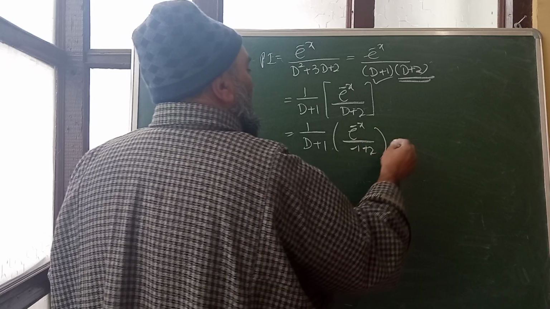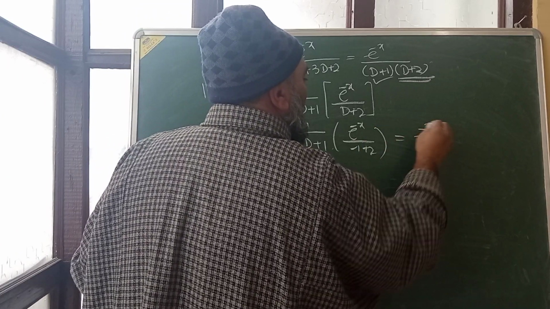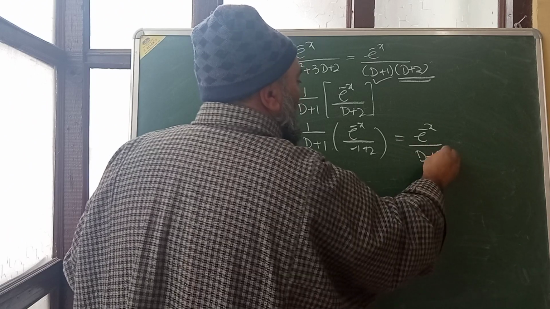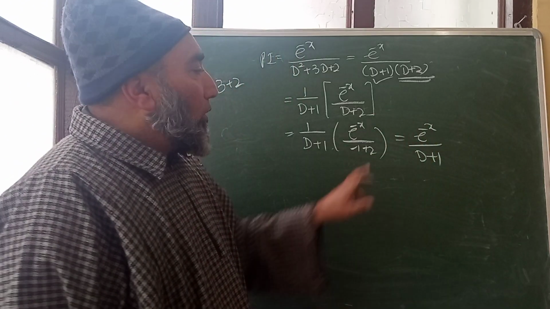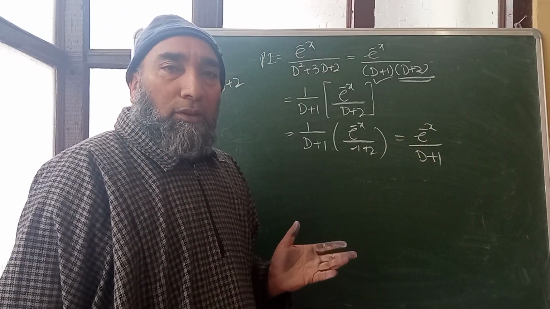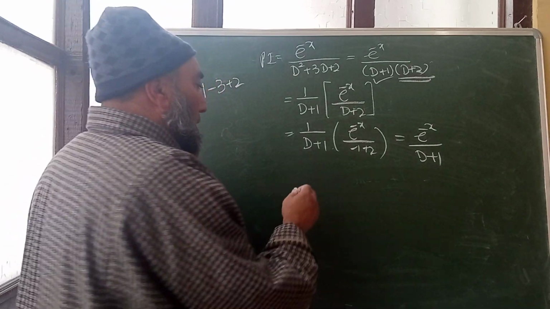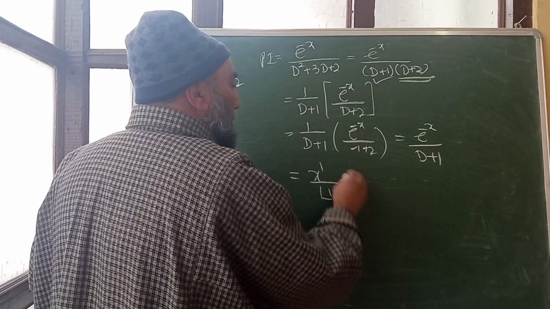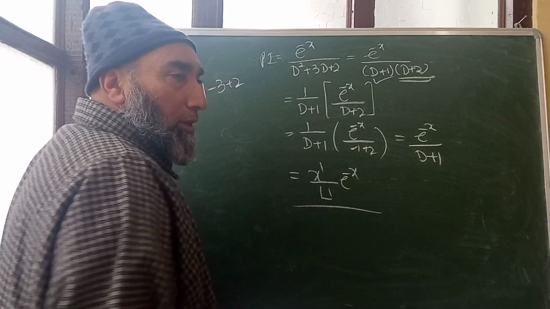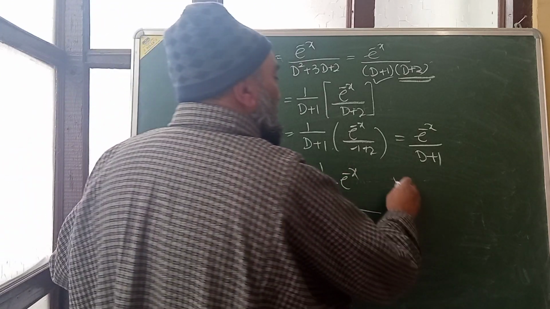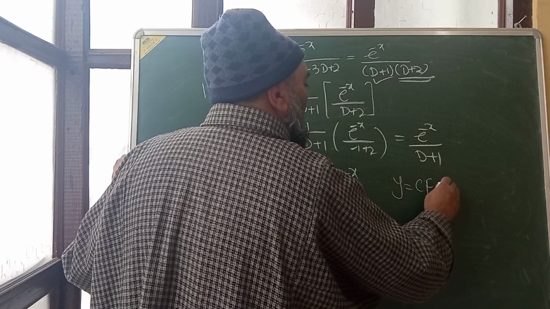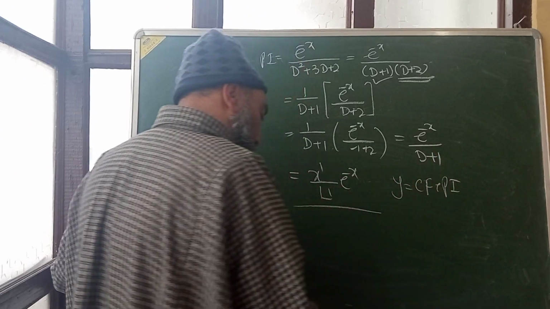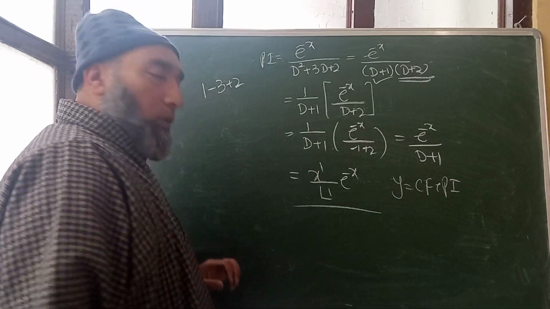So it is equal to e raised to the power minus x upon (D plus 1). Now this is a case of failure. When you replace D by minus 1, you will get a case of failure. So what is the formula for this? x raised to the power 1 by factorial 1 e to the power minus x. This is the particular integral. So the general solution is CF plus PI. Fine.